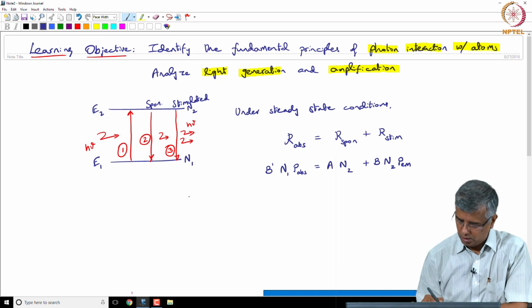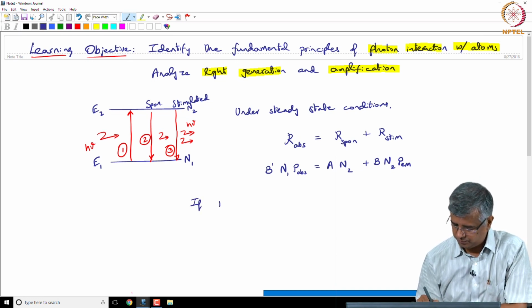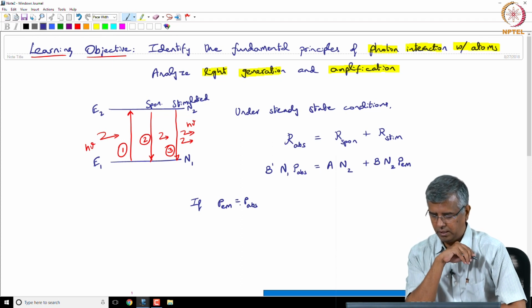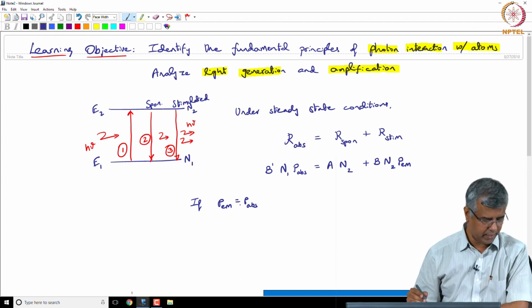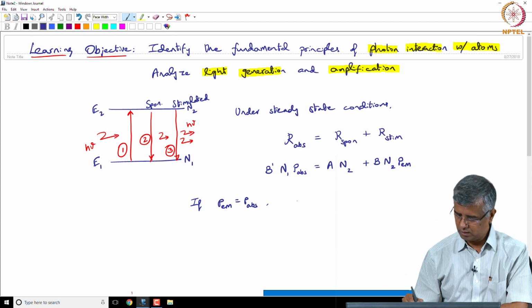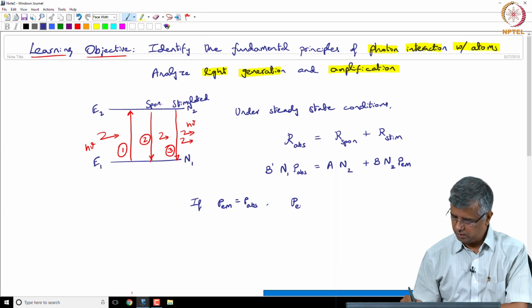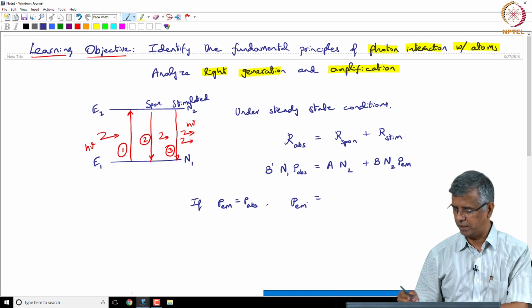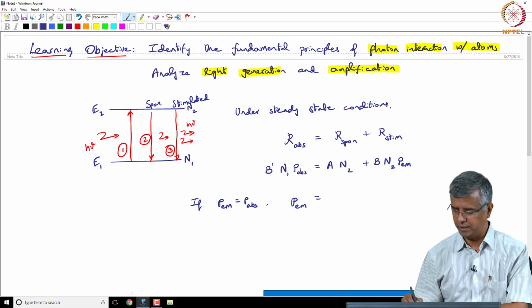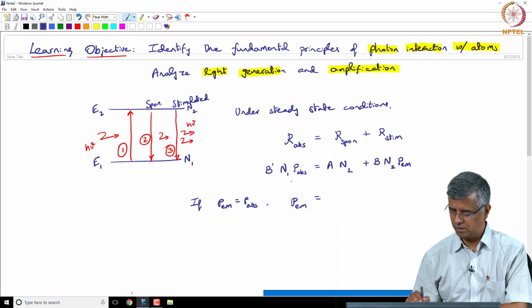So, if we assume that this is equal, then you can get an expression for this probability density of emission, and that is just a matter of substituting P EM instead of P ABS and then rearranging terms.